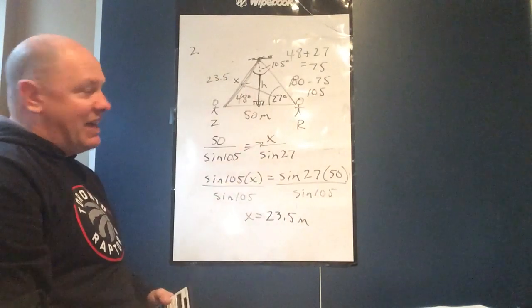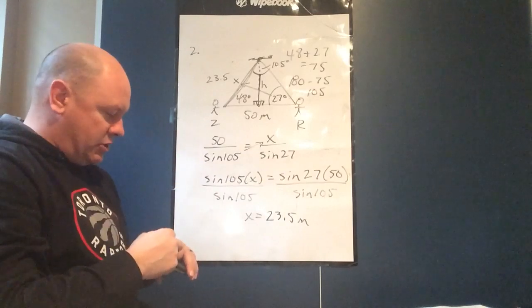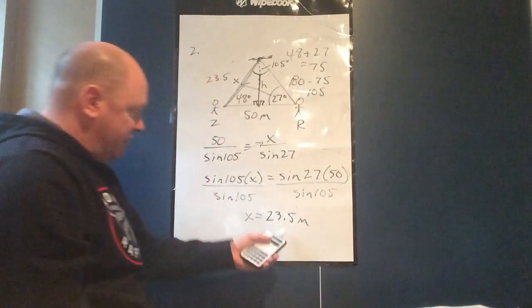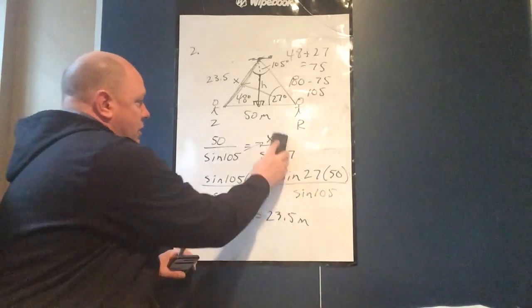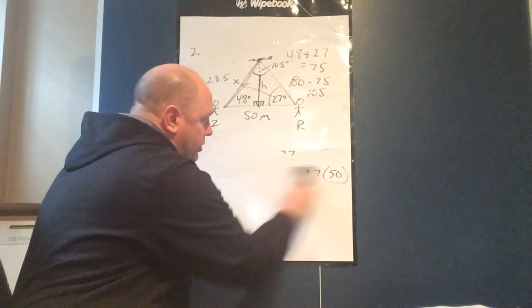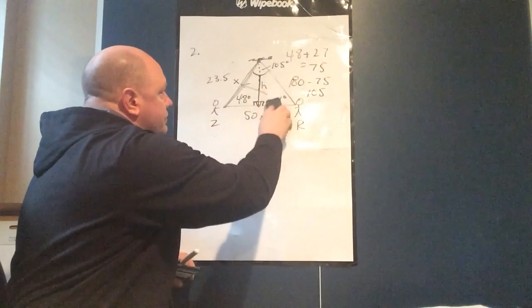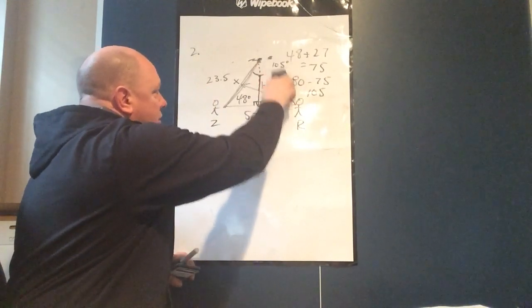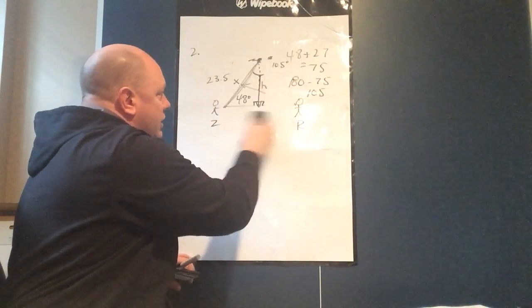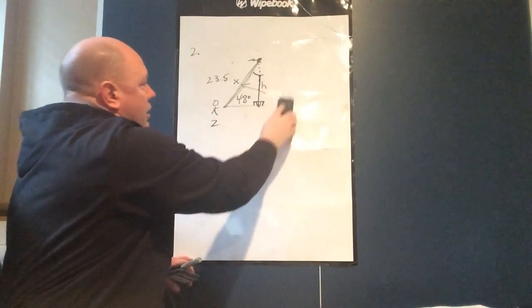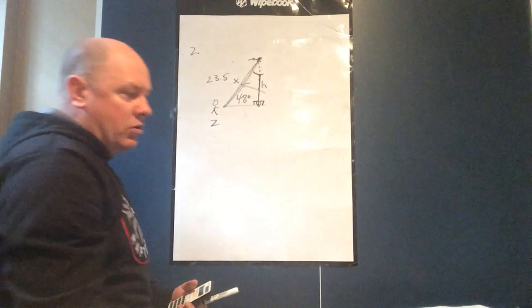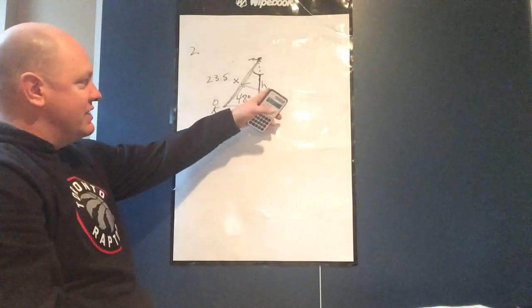Once I found that information, watch what I'm going to do. I'm going to take all that information that I just gathered and put it to use. I'm going to draw and erase all the information that's given. Now what I want to know is the height.